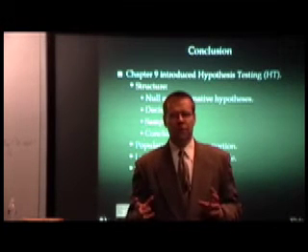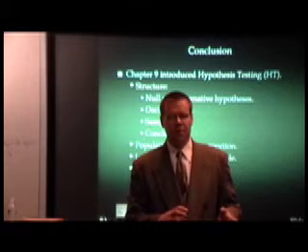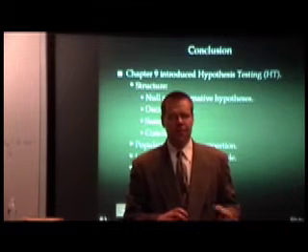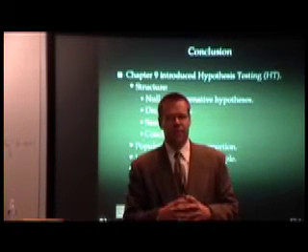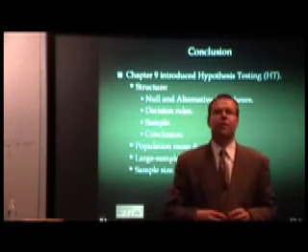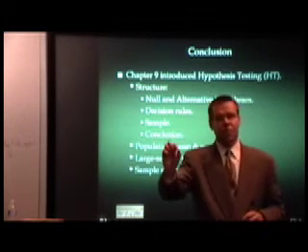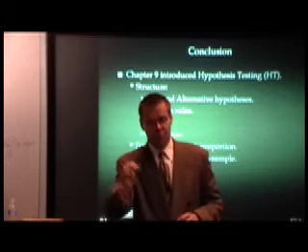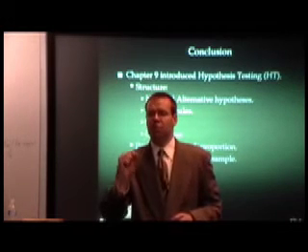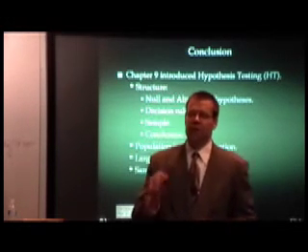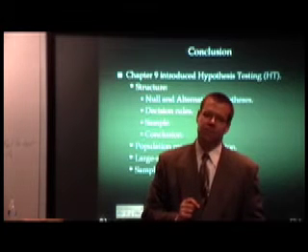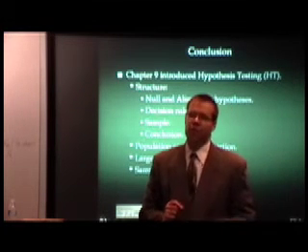Again, what is the relationship of alpha to the types of errors? Rejecting the null when the null is true. So type 1 error. Alpha is the maximum probability of a type 1 error that you're willing to live with. You can always drive it smaller.